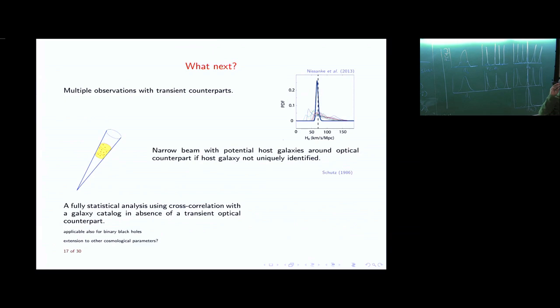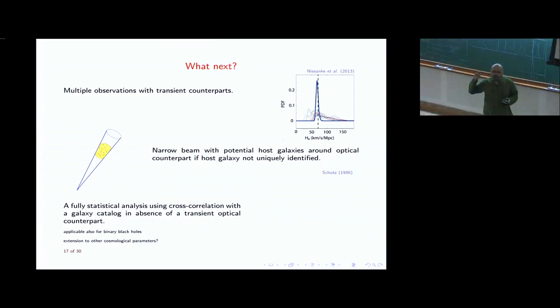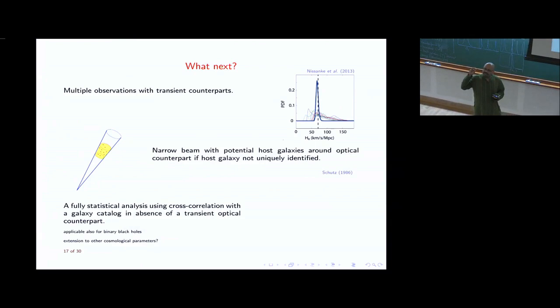You could localize the compact binary coalescence to some part of the sky, possibly following a GRB, possibly by just gravitational wave localization. So you know that it comes from a certain part of the sky. So it could be any of these galaxies.